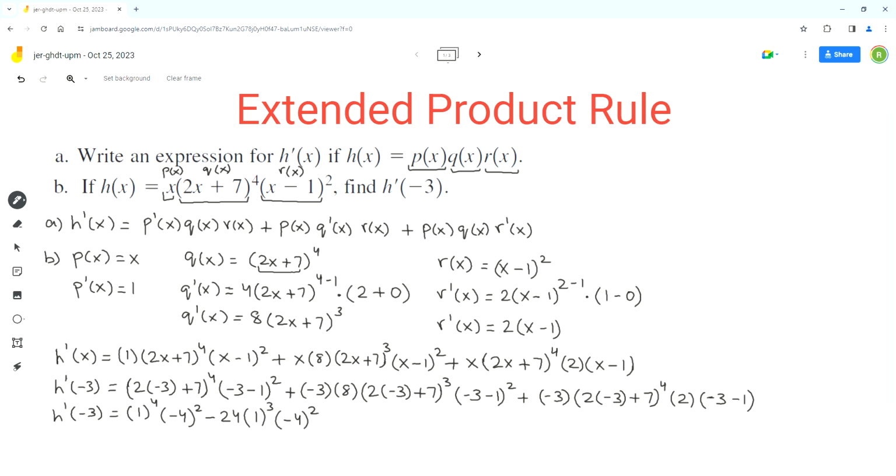Now in the last part, negative 3 times 2 is negative 6, and negative 3 minus 1 is negative 4. So negative 6 times negative 4 is 24.